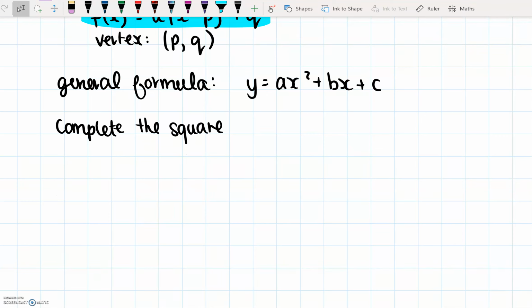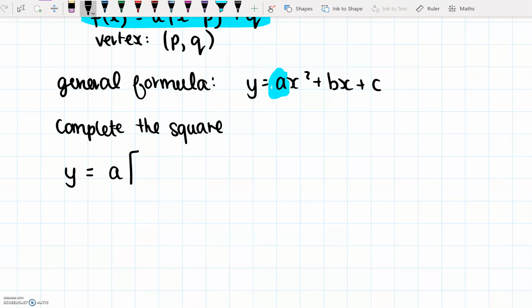So if we start with our formula, y equals ax squared plus bx plus c, you'll notice that we have an a in front of x squared. And remember, that makes completing the square a little more complicated, because the first thing we need to do is factorize that a out. So we're going to get y equals a, and then remember, we use the big square brackets here.